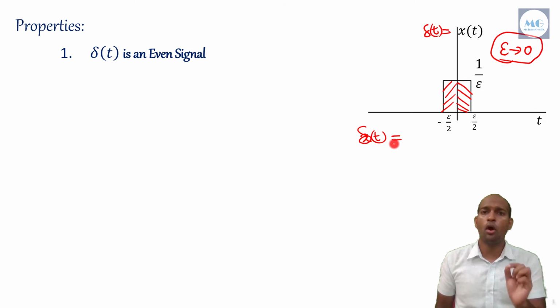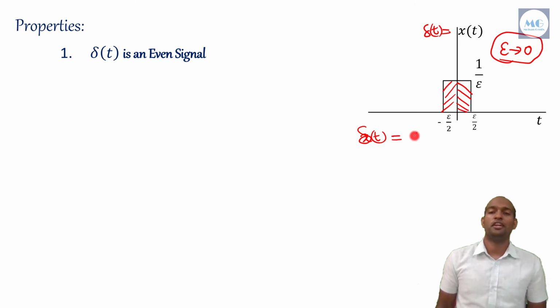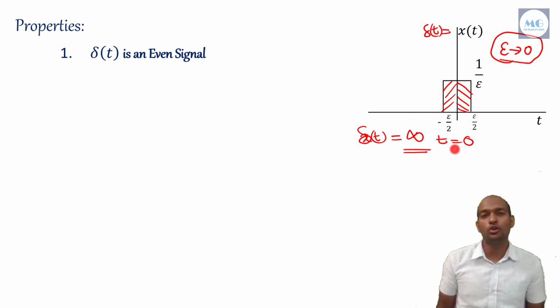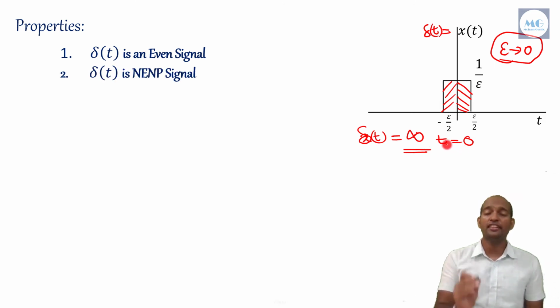This is the criterion for any signal to be neither energy nor power. As delta t is infinity at time t equal to 0, that's why it is neither an energy nor a power signal.